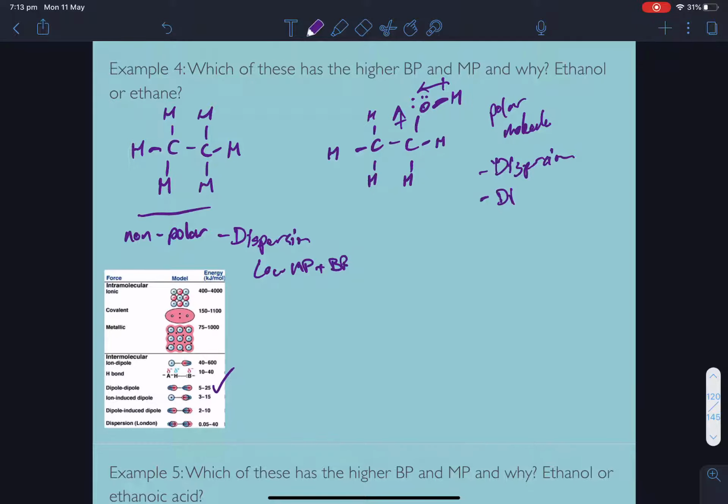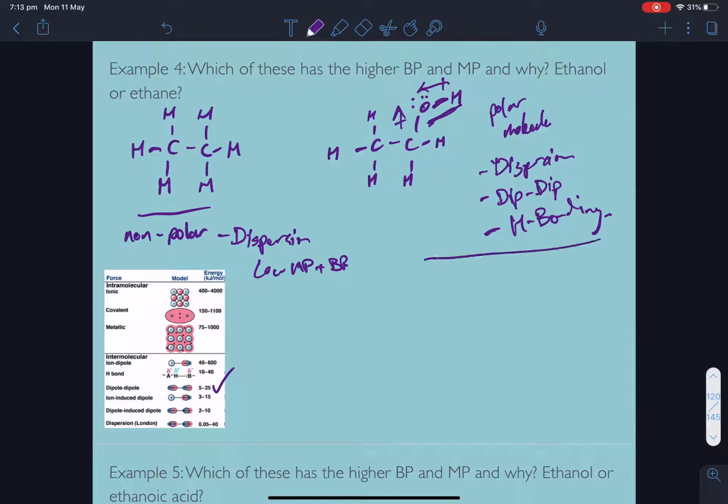There's also dipole because we have 2 polar molecules. Let's consider if it's so strong in dipole that we call it hydrogen bonding. In each of the molecules, do we have an oxygen-hydrogen bond? We do in both of them because we're considering 2 identical molecules, so we also have H bonding.